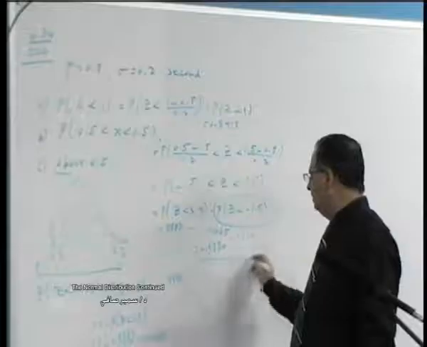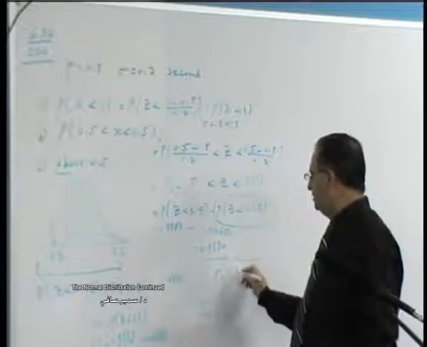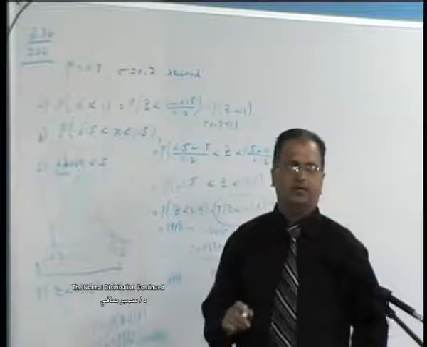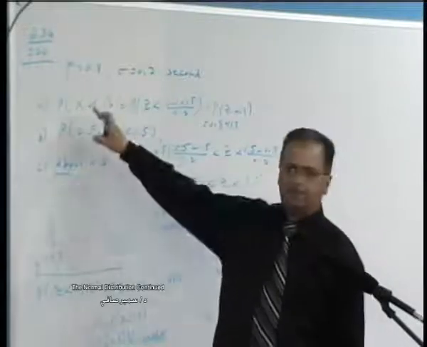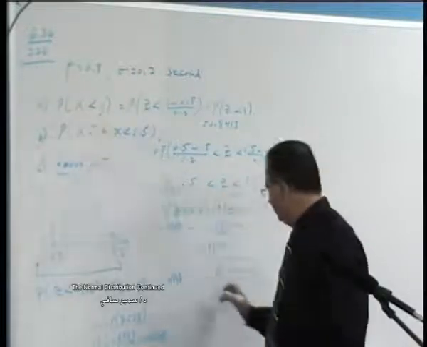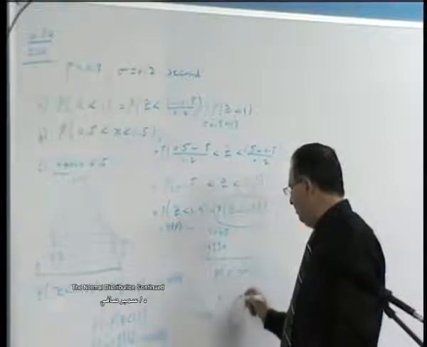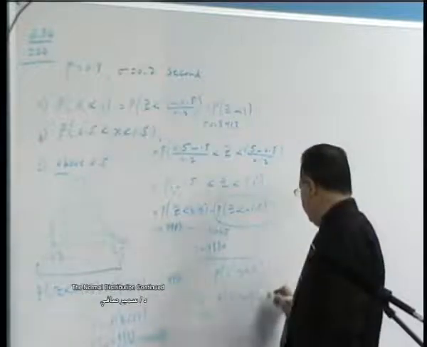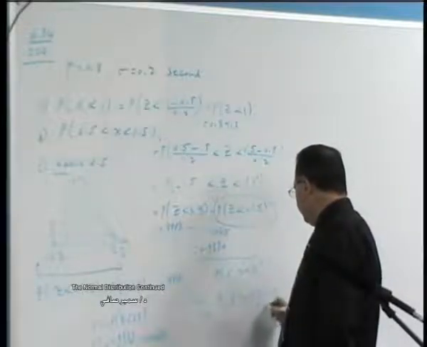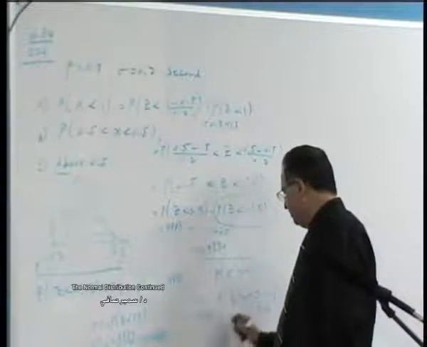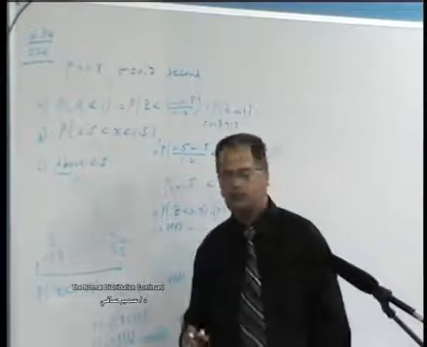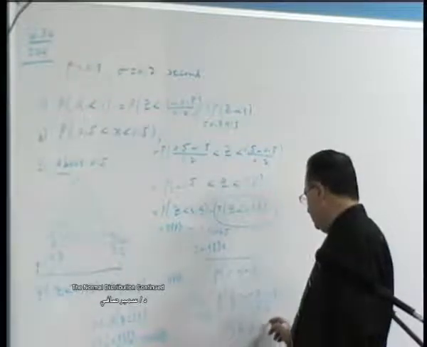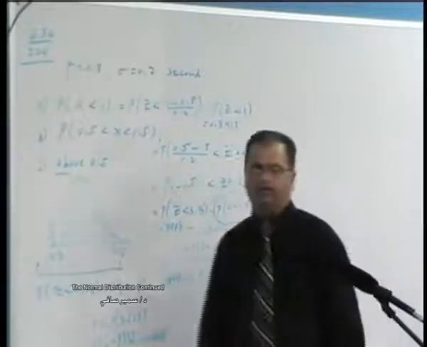So we are looking again for P of X above 0.5, in a similar way as we did in part A. So P of Z, 0.5 minus the mean, divided by sigma. So P of Z greater than negative 1.5.